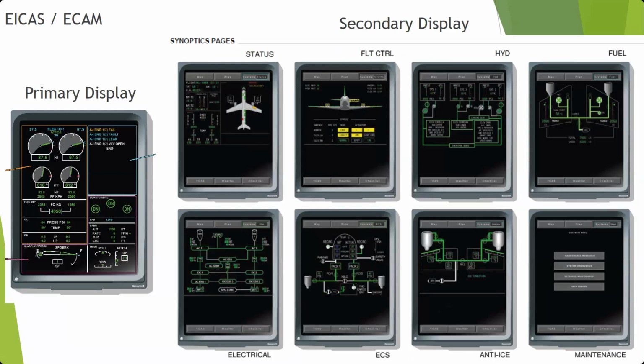You've got a status page which shows flight control positions and some doors. You've got an actual dedicated flight control page, a hydraulic page, a fuel page, electrical, environmental control, anti-ice, and this one even has a maintenance page. You can go into a maintenance page for troubleshooting and for fault logging and that kind of thing.